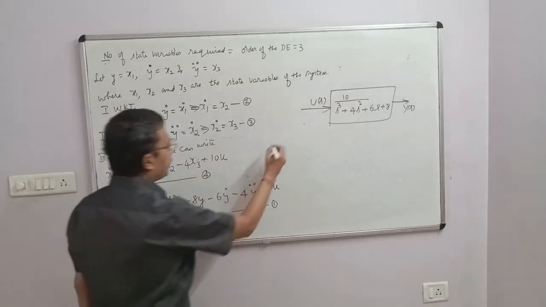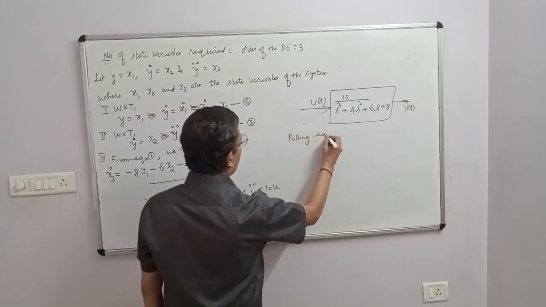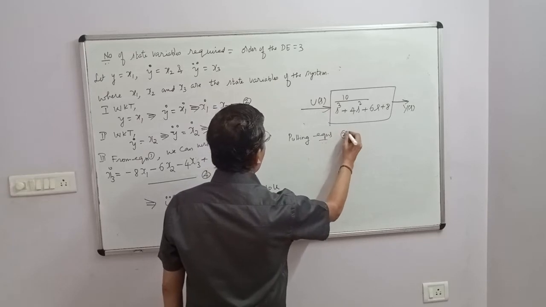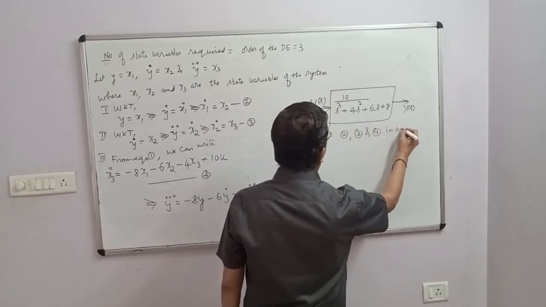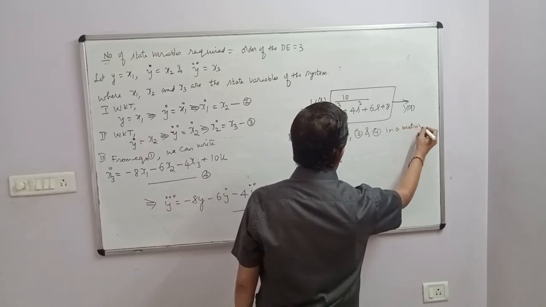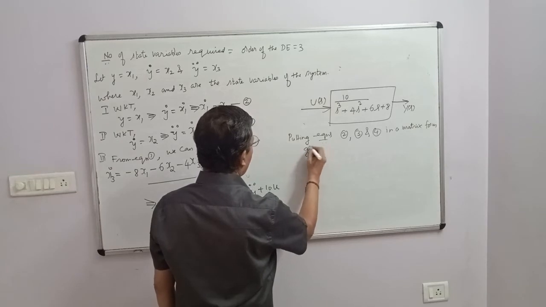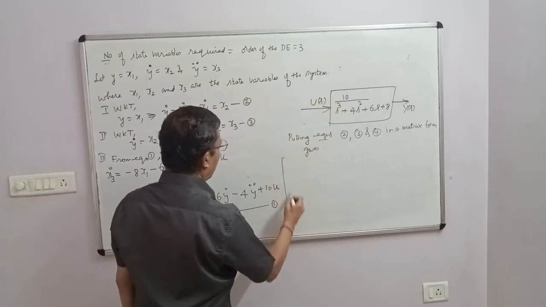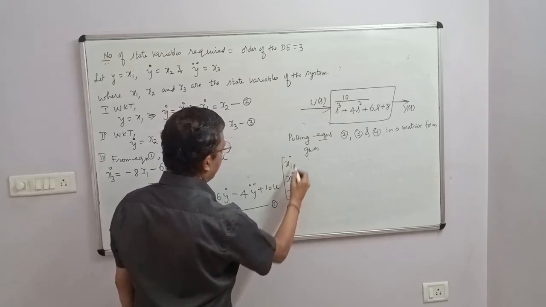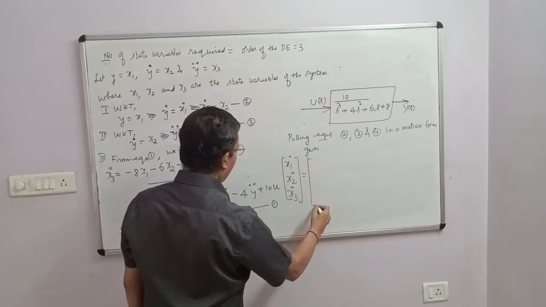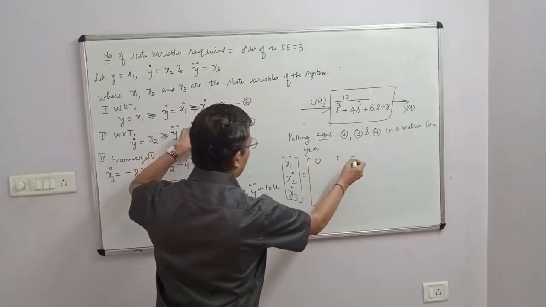Putting equations 2, 3 and 4 in a matrix form gives column matrix x1 dot, x2 dot, x3 dot is equal to, from equation 2 we can write 0, 1, 0.